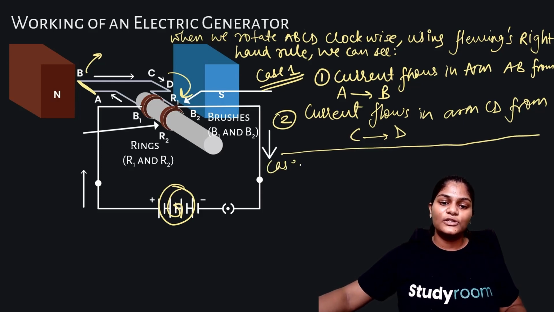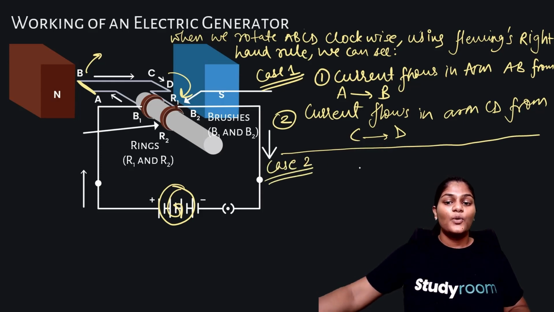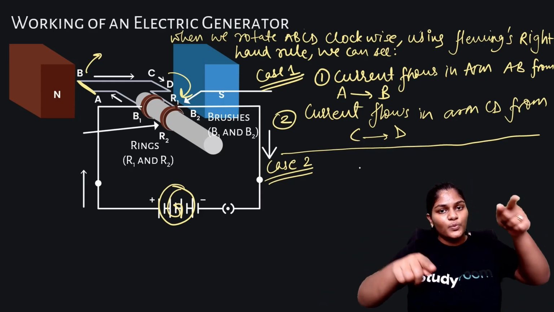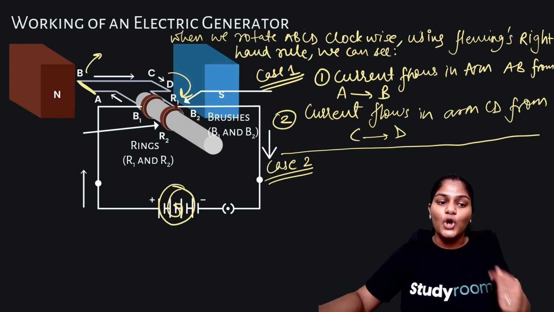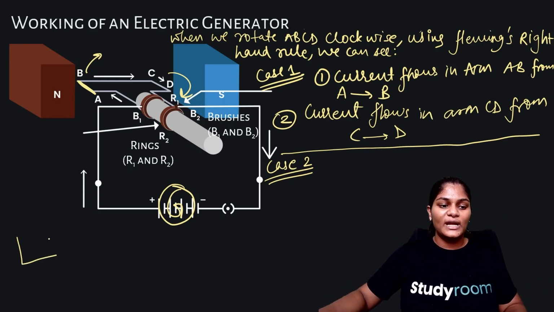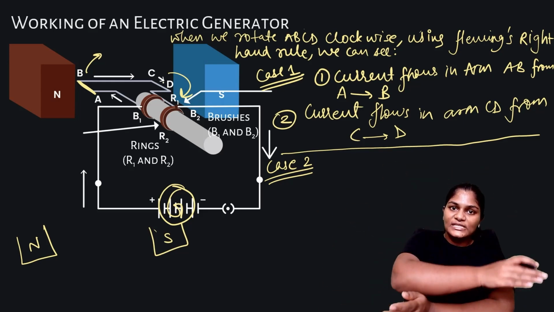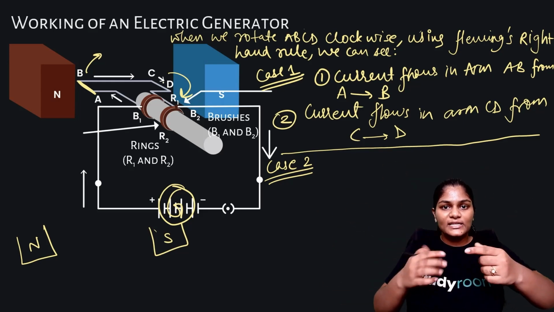Now case 2, what happens? What happens now is that the coil moves once clockwise. Now let us quickly draw what the circuit would look like after this rotation. This is north, this is my south pole. Now after this rotation, the arm CD comes to this side. The rings R1 and R2 don't move back and forth.